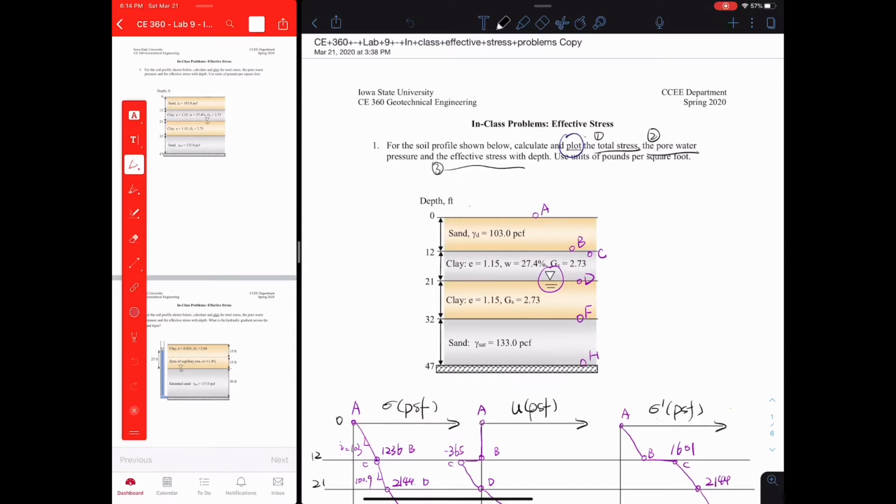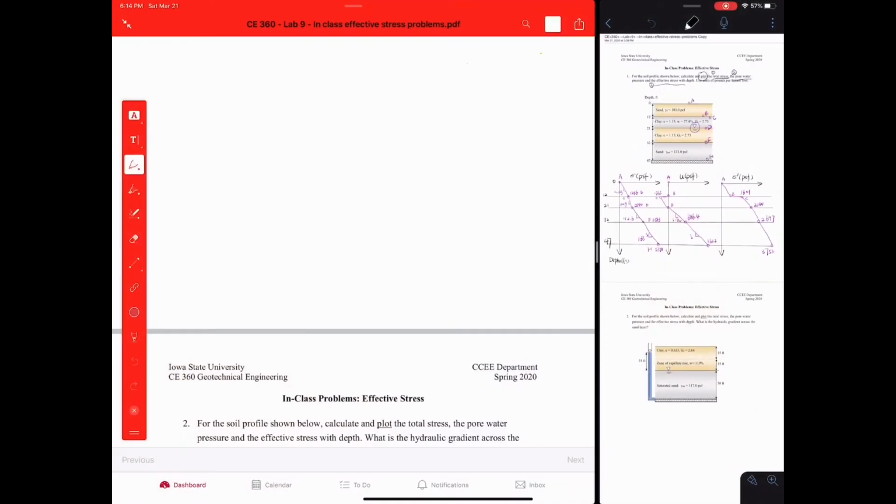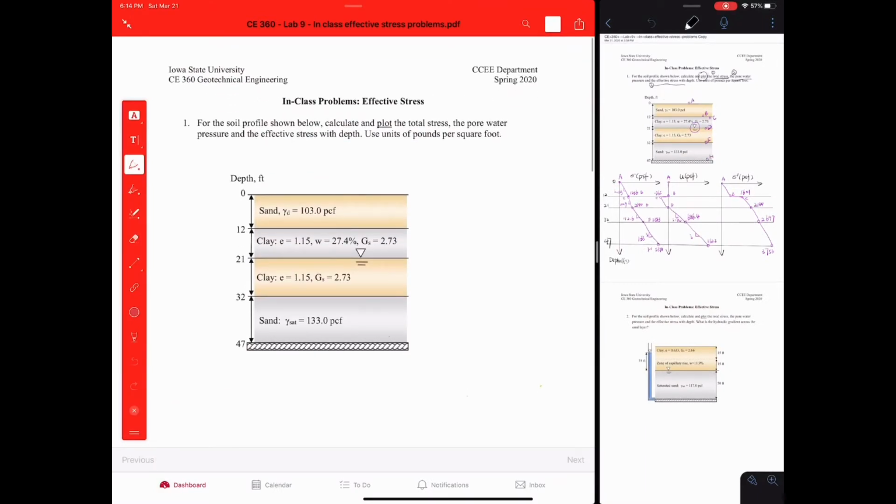That can help you to solve this problem. Okay, first the point A here, which is at the top of all layers. Okay, and the point B, which is at the bottom of the first layer and is above the second layer.